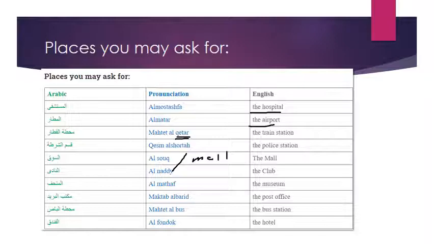Any club is an-nadi. The museum is al-mathaf. The post office is what? Maktab al-barid.